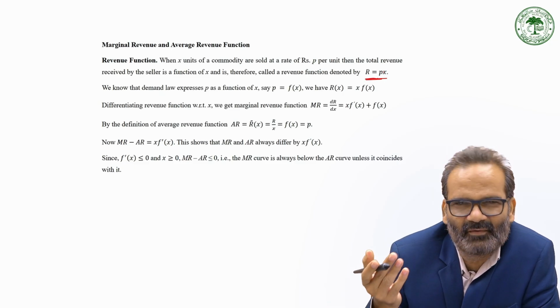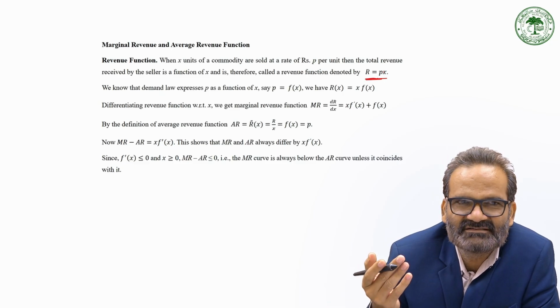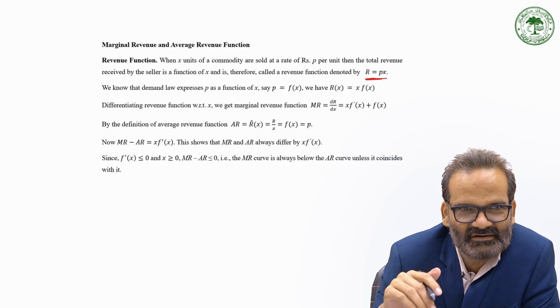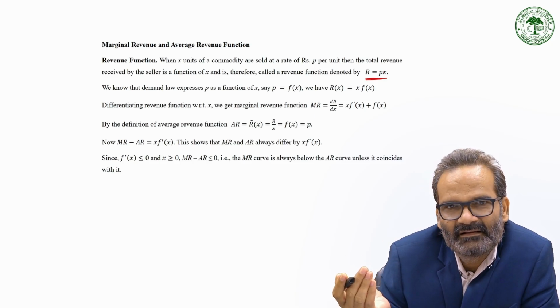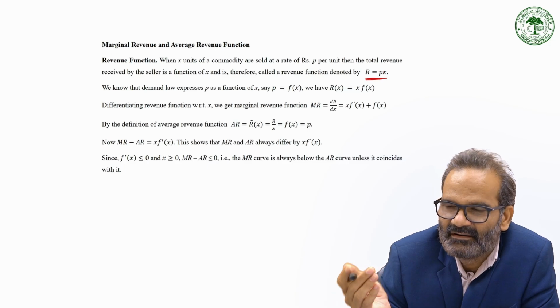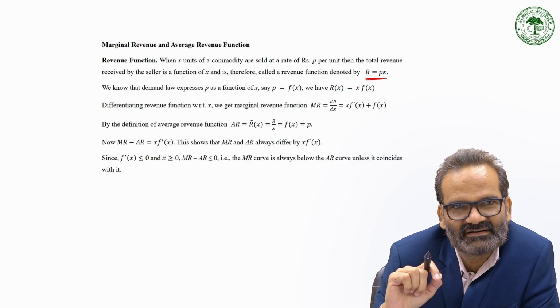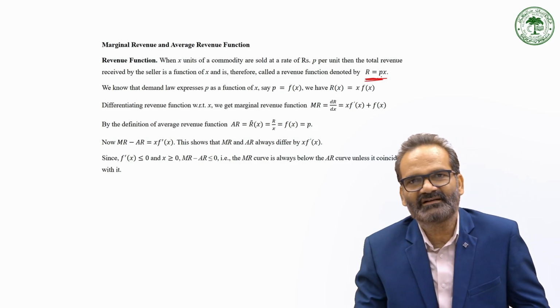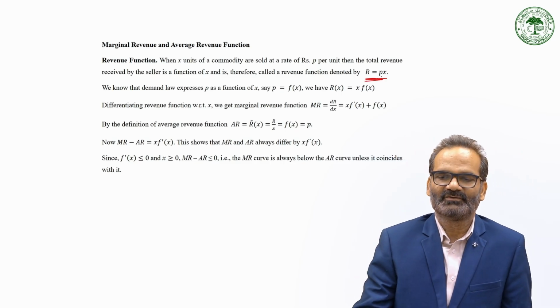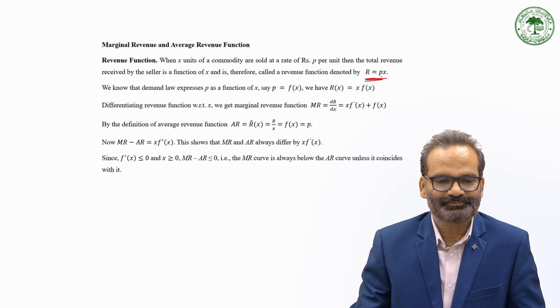You all know from the very beginning, revenue means the price per unit of a commodity multiplied by the number of commodities sold; the product of these two gives us revenue. So the same terminology we are using here, R is equal to PX. This is the simple formula to calculate the revenue.